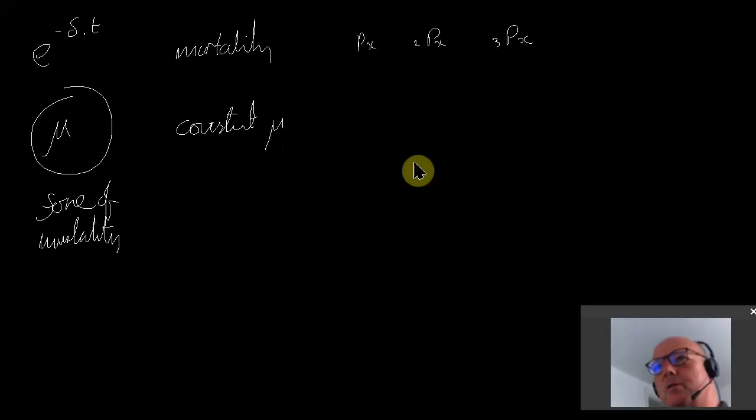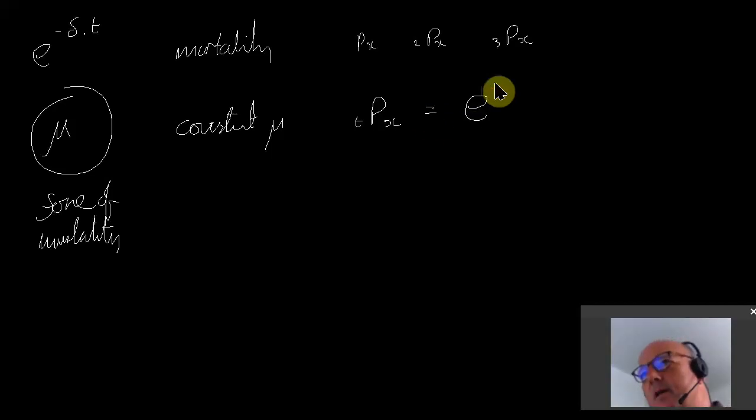So for a constant mu, tpx, the probability we are alive t time in the future, if we're currently aged x, is simply e to the minus mu times t. It's just your standard exponential decay, and that's it. That's all you really need to understand about mu.